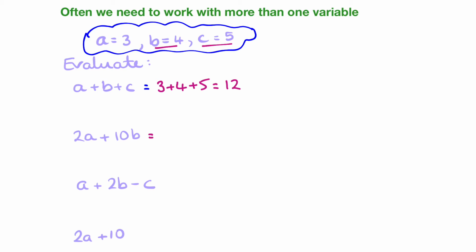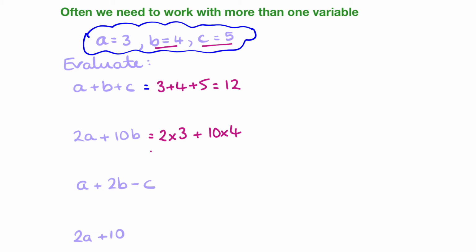Next one, 2a plus 10b, we need to do our swapping out again. Remember, A is 3 and B is 4. But when you've got a letter and a number stuck together like that, it means times. So we're working out 2 times A, which is 3, plus 10 times B, which is 4.